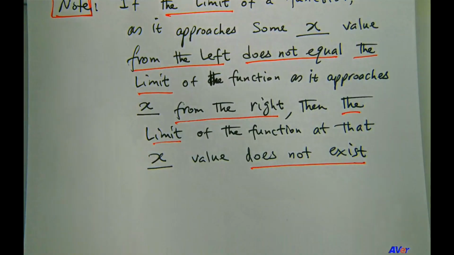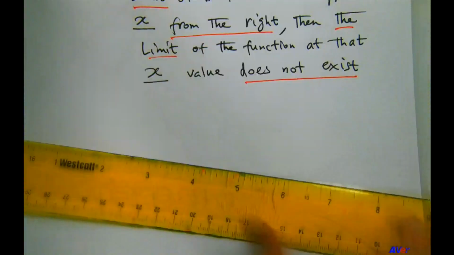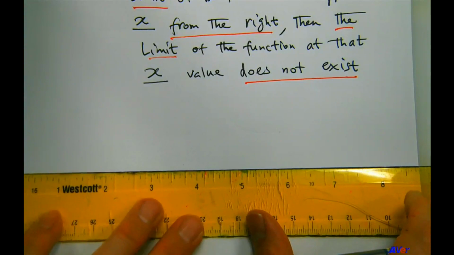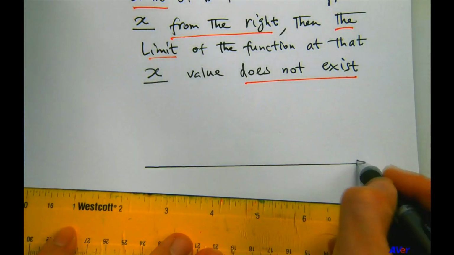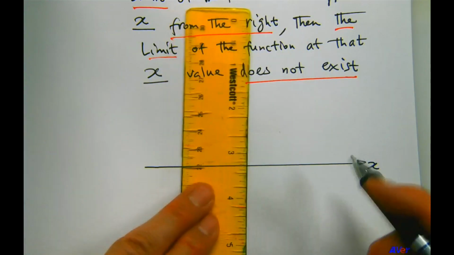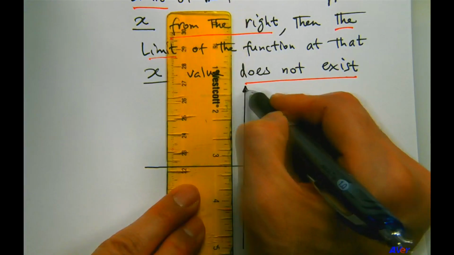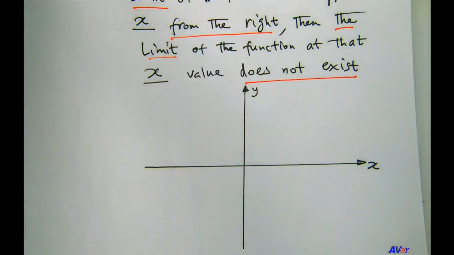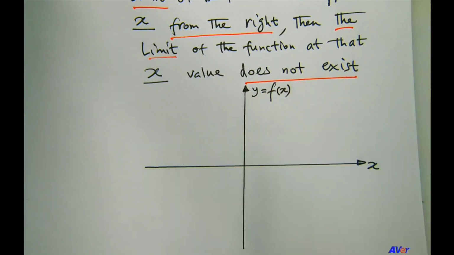So what is an example of this kind of situation? Let's draw a graph and look at it graphically. So here's our x-axis and the y-axis, right? Or f of x. Let's call it y equals f of x, right?